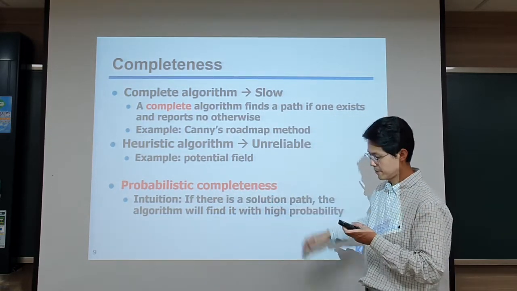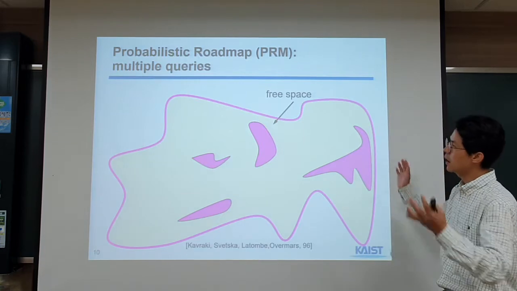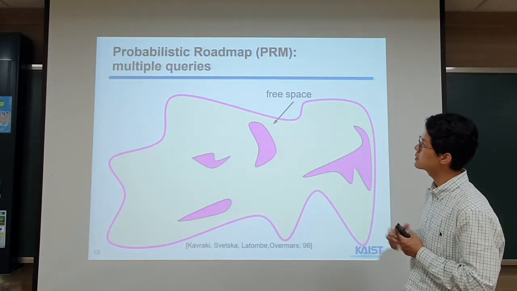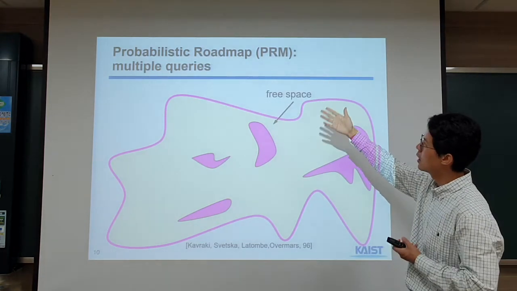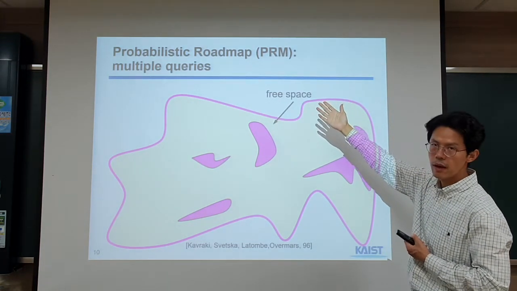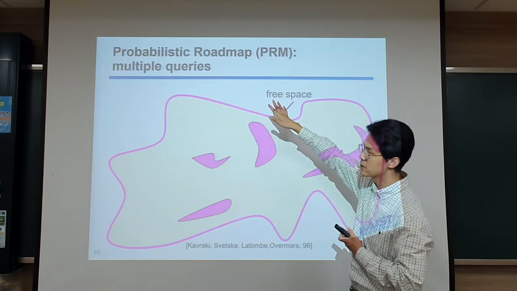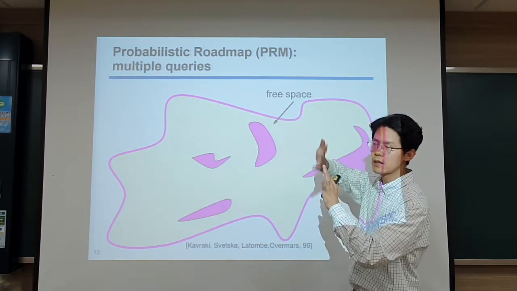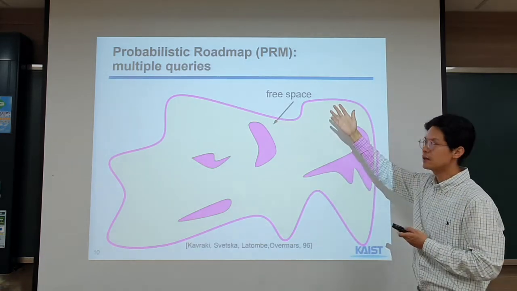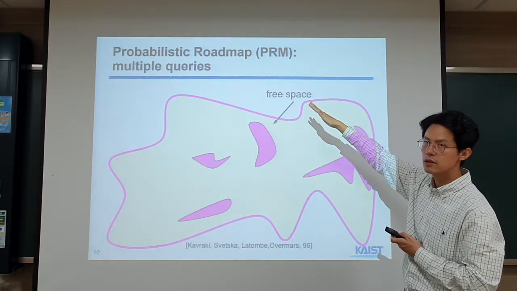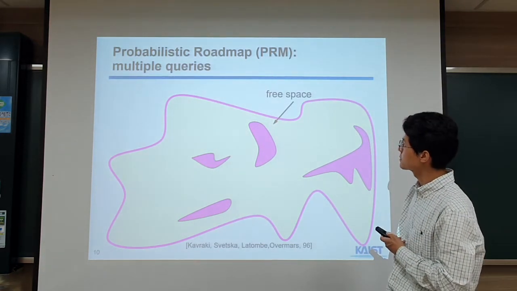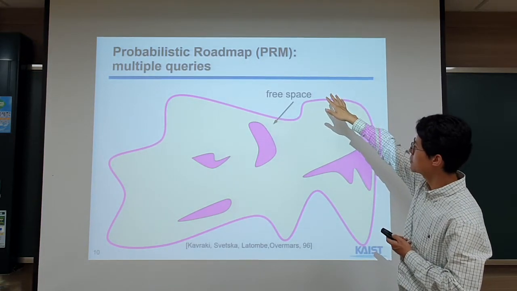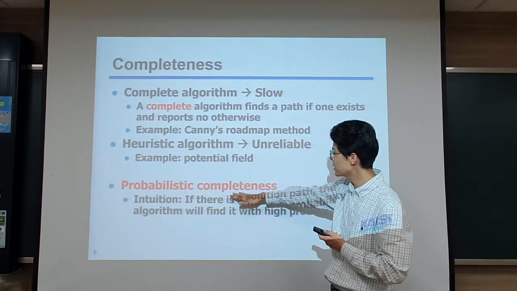Here, let me illustrate one very common technique, the probabilistic roadmap, which some people call PRM. It is mainly designed for solving paths between multiple start and goal positions. Usually this technique assumes a static environment, and the PRM technique satisfies probabilistic completeness.